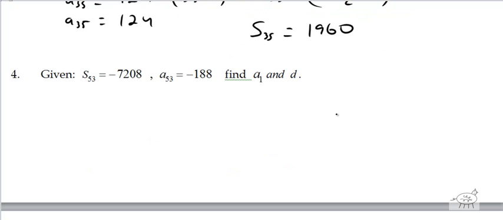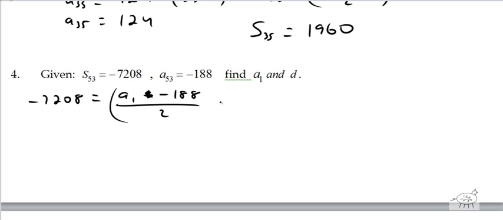Alright, number 4, given the sum and the last term, find the first term and d. We just use our sum formula. Negative 7208 equals a sub 1 plus negative 188 over 2, the average of those, times the number of terms, which we know is 53 because of the subscript.